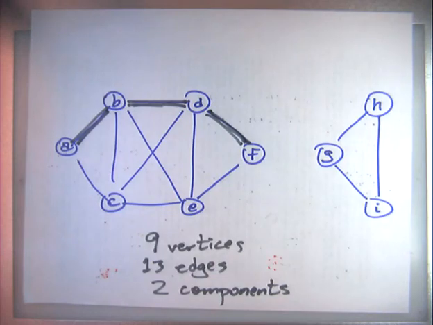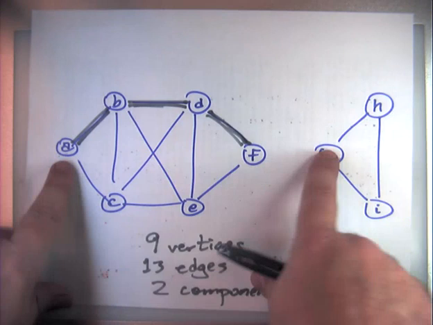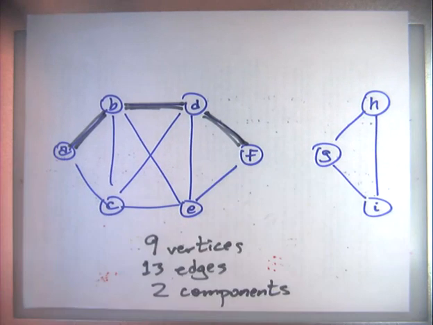Okay? So a path is a special subgraph where you can think of it as alternating between vertices and edges, and you're never allowed to repeat yourself. There is no path from A to G, so A and G are not connected. In other words, they're in different components. So you can think of this notion of connectivity as a kind of equivalence relation on the vertices.